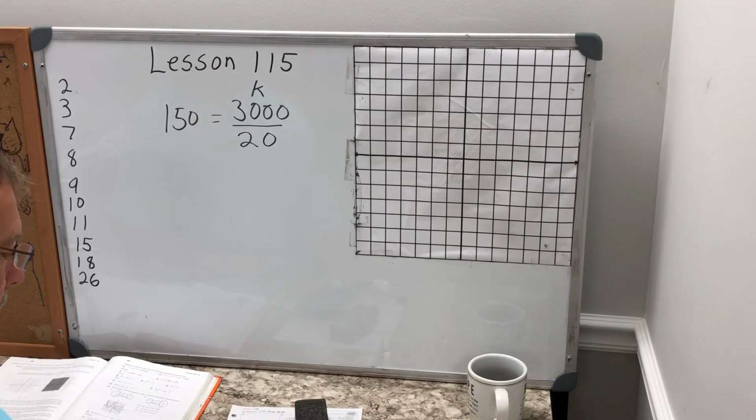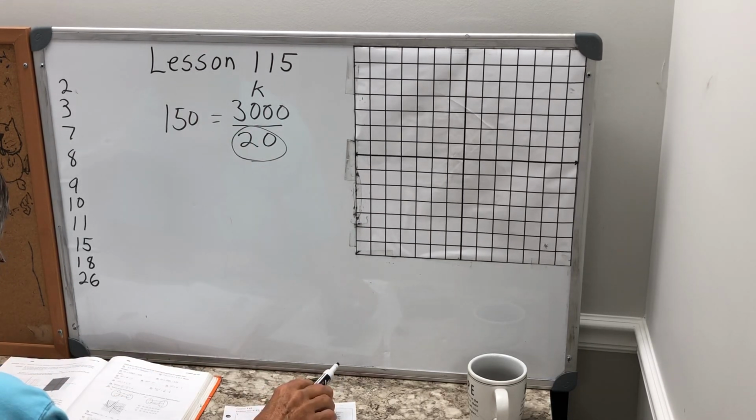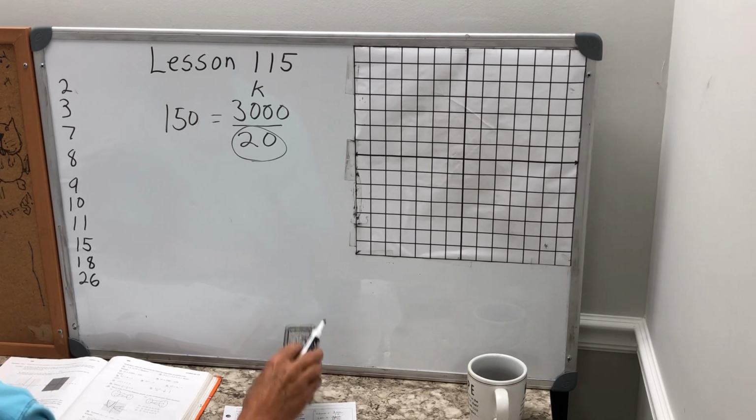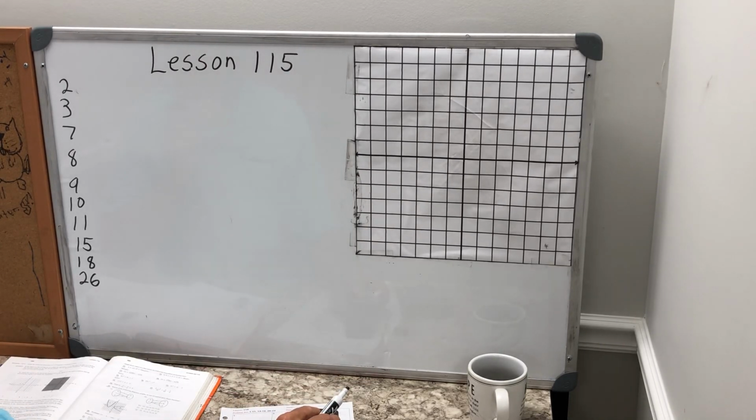I'm sorry, I'll verify that with my calculator. 3,000 divided by 20 equals 150, that is correct. So your new number is 20, and it is 20 what? What's the label? Well, we don't need to put the label. Okay, that's number 3.